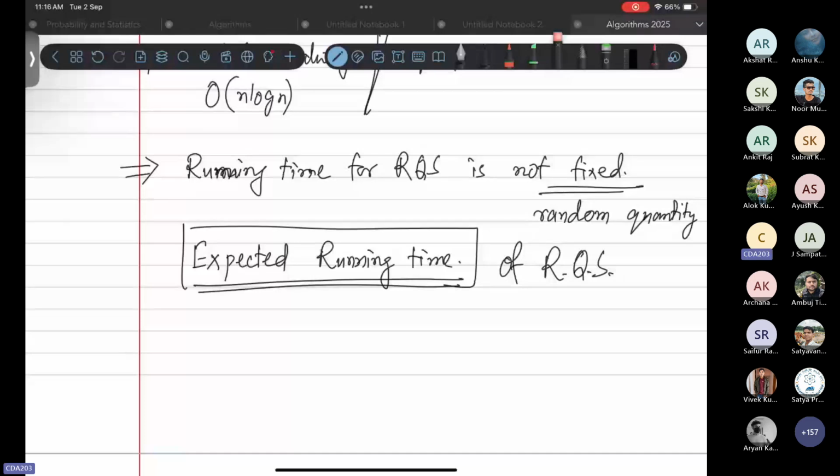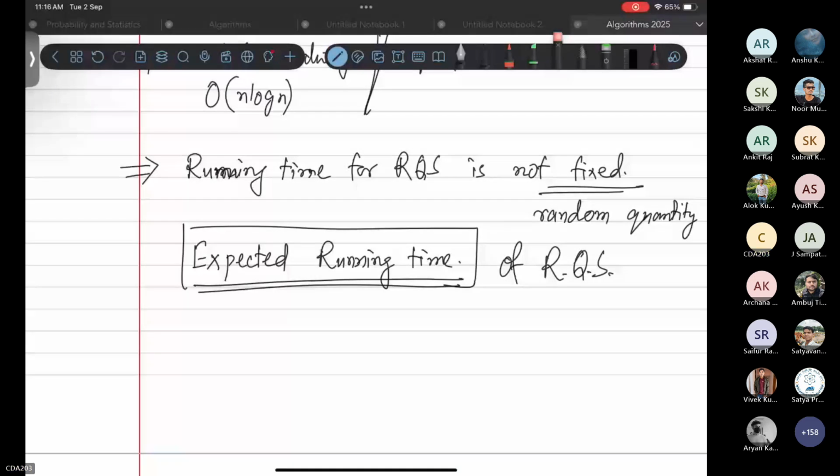Will the answer vary from person to person? No. The answer will not vary. At the end, you're always going to get a sorted array. But the number of operations that you perform will vary. If someone is lucky and his execution always takes the median element, he will get to the sorted array much faster than someone who always takes the minimum element.